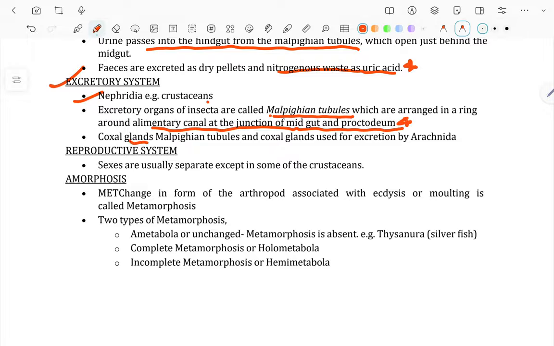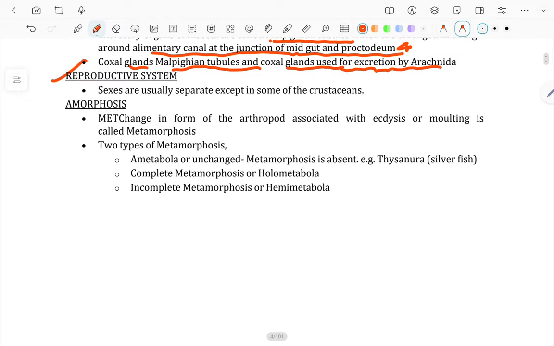Coxal gland, Malpighian tubules and coxal gland are used for excretion by arachnida. Reproductive system. Sexes are usually separate except in some of the crustaceans.